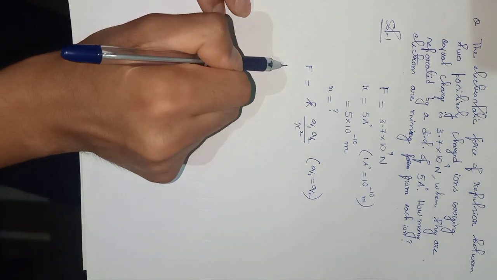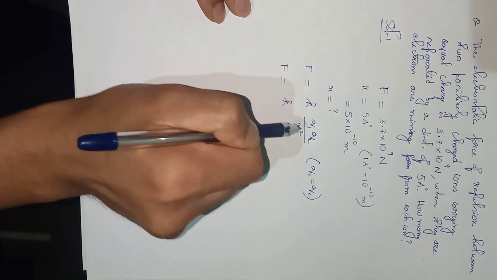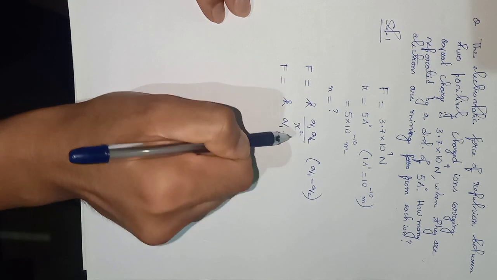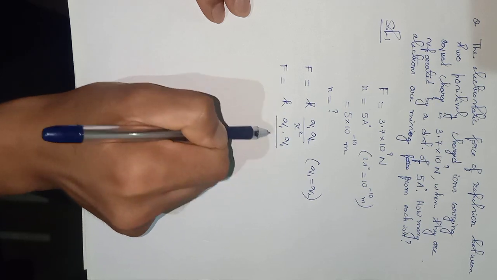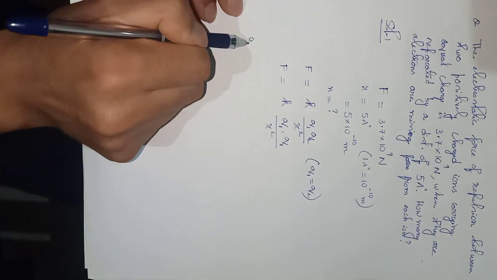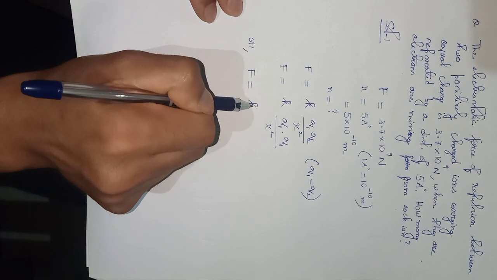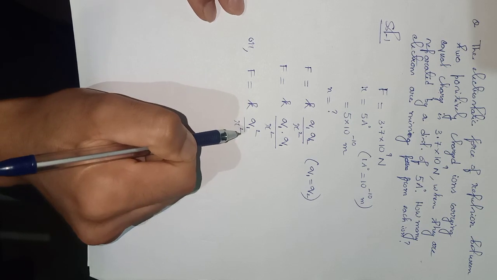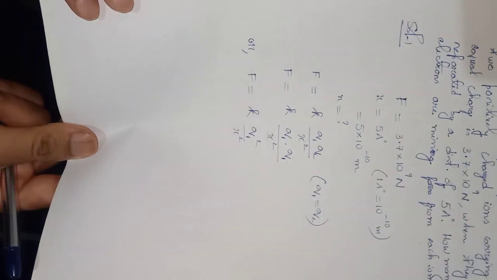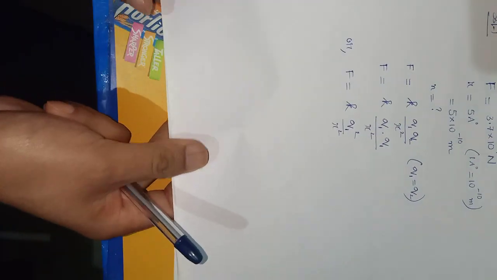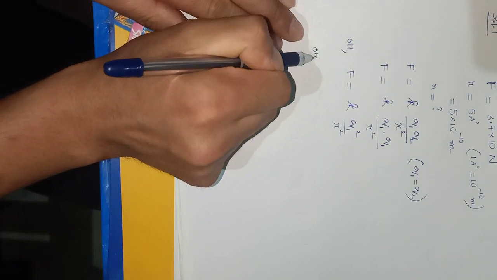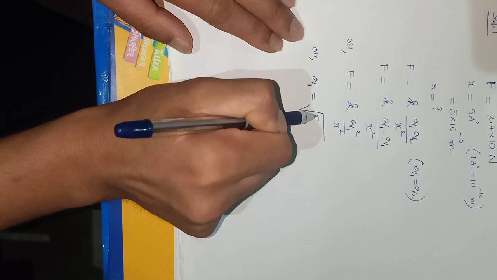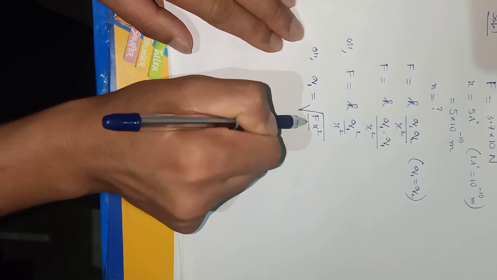So in that case, F will be given by K, Q1 into Q2, which is also Q1 times Q1, gives you Q1 square by R square. So Q1 will be given by square root of F times R square by K.